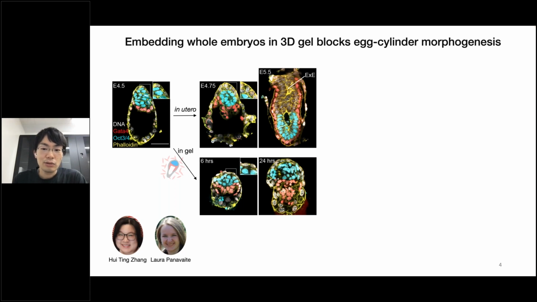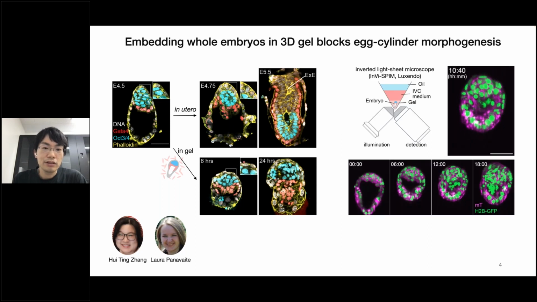Then to know what is happening in this culture system, we live imaged the embryo development in 3D by using an inverted light sheet microscope, which is the InVi SPIM from Luxendo. By using two objectives, one for illumination and the other for detection, we can monitor the development in 3D.